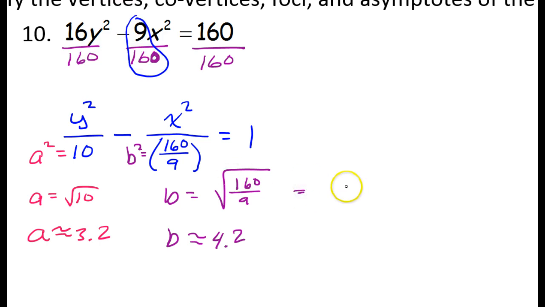this simplifies. I've got the square root of 160 over the square root of 9. That's how you take the square root of a fraction. This is 16 times 10, so this would be 4 radical 10. And of course the square root of 9 is 3. So this is really my b value, is 4 radical 10 over 3.